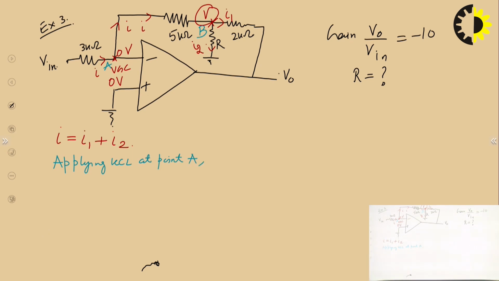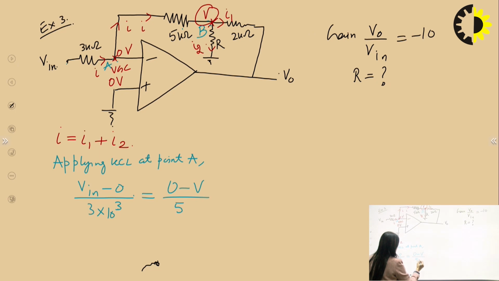So applying KCL at point A: Vin minus 0 upon the resistance between these 2 points is equal to 0 minus V upon the resistance, 0 minus V upon 5 into 10 raised to the power 3.